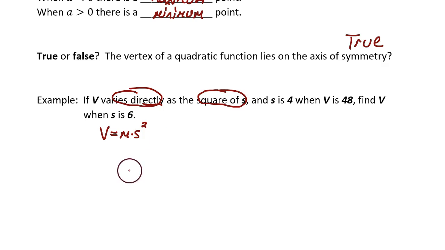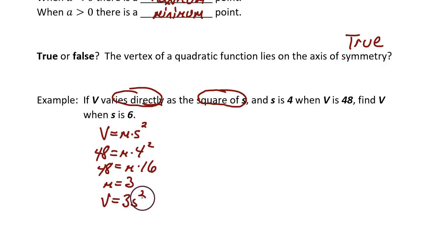Then we can substitute known values for v and s to solve for m. We're told that when v is 48, s is 4. So 48 is equal to m times 16. And dividing by 16, we get m equals 3. So our model is v equals 3 s squared.